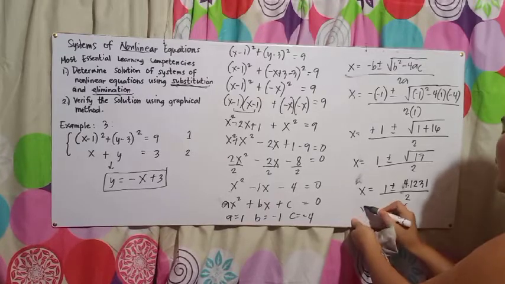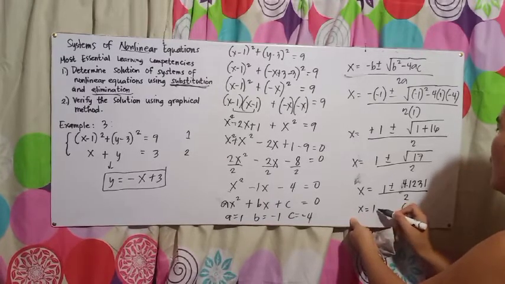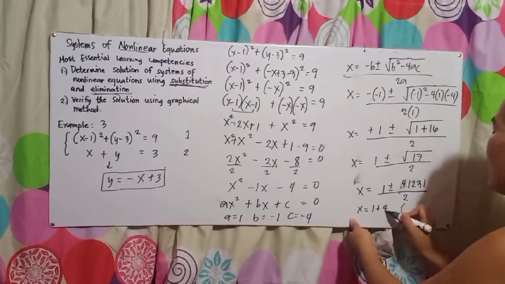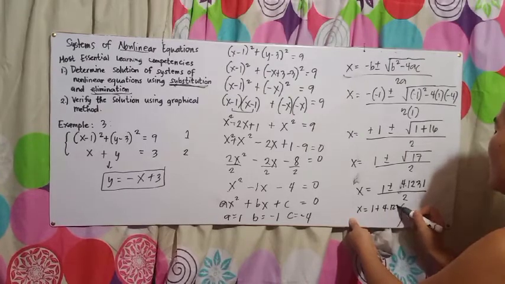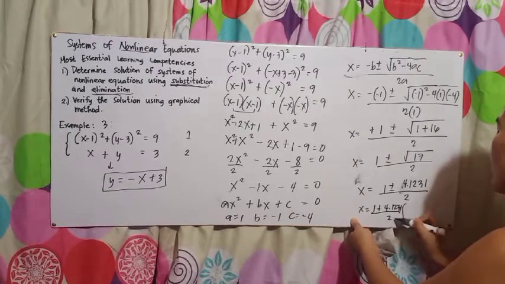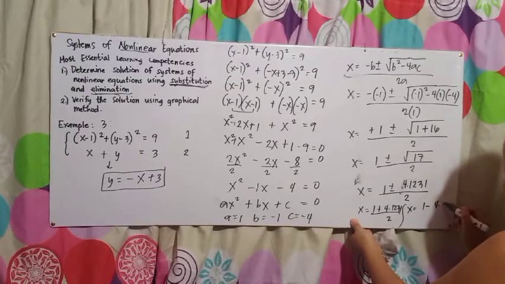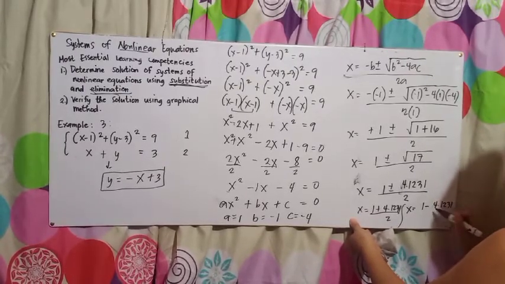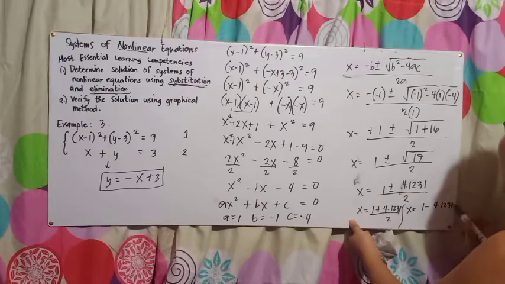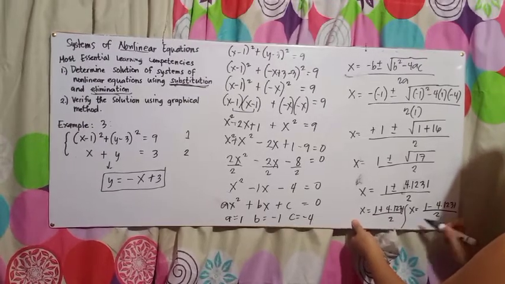Ang isa, x equals 1 plus 4.1231 over 2. Ang isa, 1 minus 4.1231 over 2.